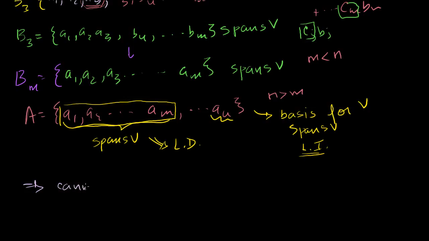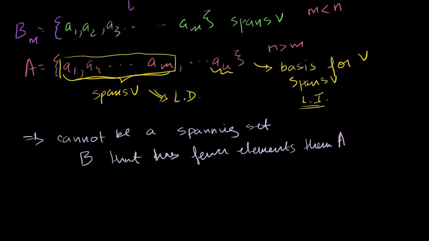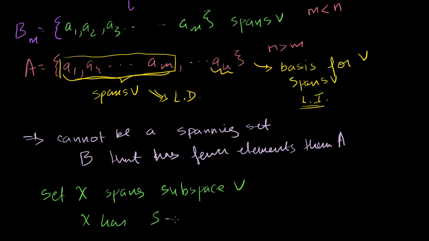there cannot be a spanning set B that has fewer elements than A. And this is a pretty neat outcome, because now if I come up to you and I say, hey, I found some set X, so set X spans the subspace, let's just call that V again, and X has 5 elements.